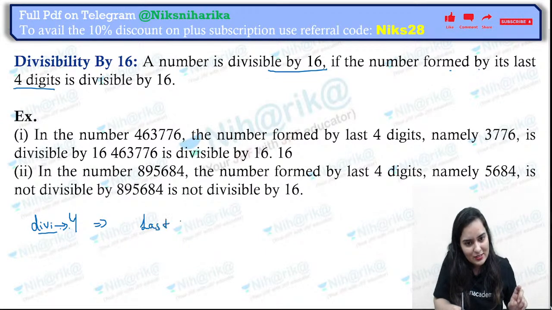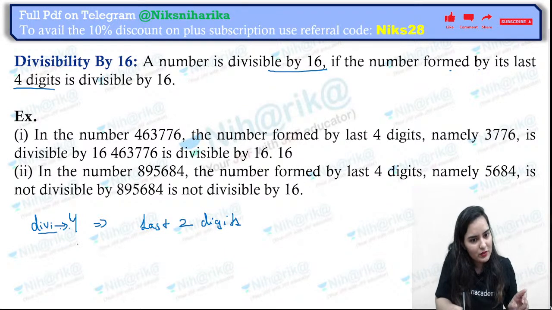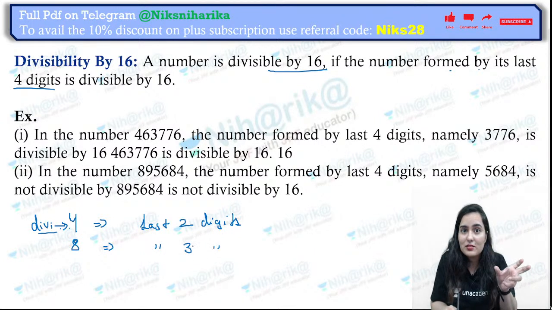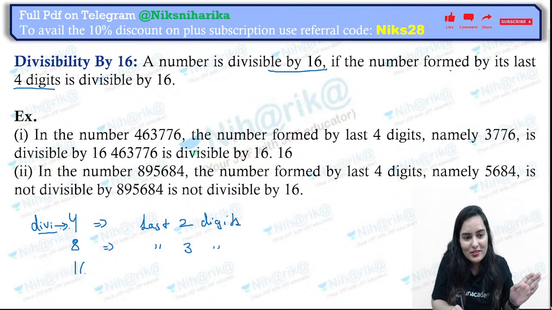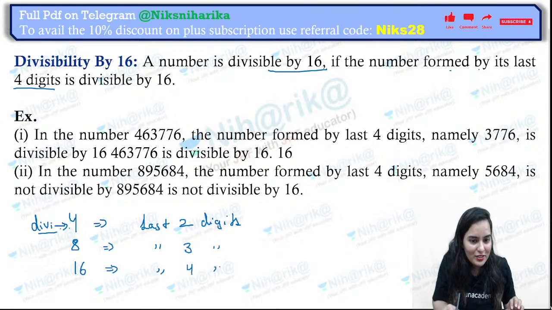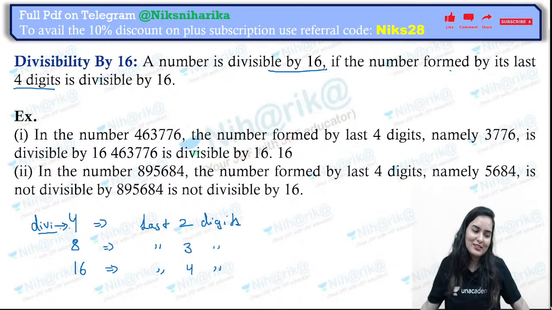Last 2 digits. If you want to check divisibility of 8, then we check whether the last 3 digits are divisible by 8 or not. If you want to check divisibility by 16, then we can check the last 4 digits. Then also our work will be done. If you are not understanding 7 and 13, you can leave that and quickly jump to 16. Only 16 will be useful.